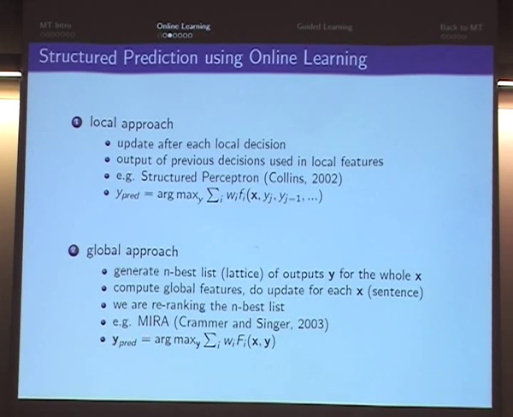And you can use, for example, the MIRA algorithm, where you try to aggressively separate the correct labels from the incorrect labels so that the margin between them is larger than the loss you would suffer if you get the incorrect label sequence.